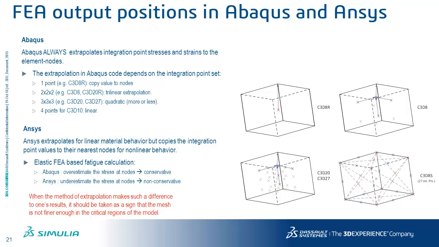And if you are using a second order element, then you are doing tri-quadratic extrapolation, as you can see on the left bottom diagram. So that's how we extrapolate the integration point values to the nodal values.